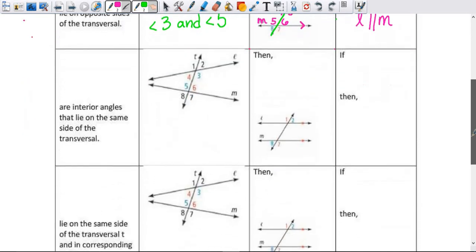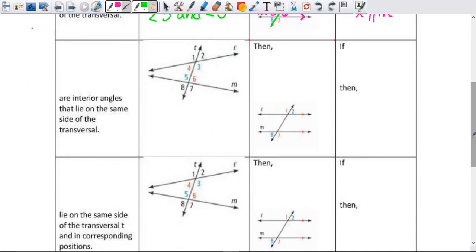The next type of angles we've got are same side interiors. Now, same side interiors kind of give you everything you need to know right in the name. Same side interior angles are interior angles that lie on the same side of the transversal. All right, look at, we've got same side in the definition, we got interior in the definition, which is the name.